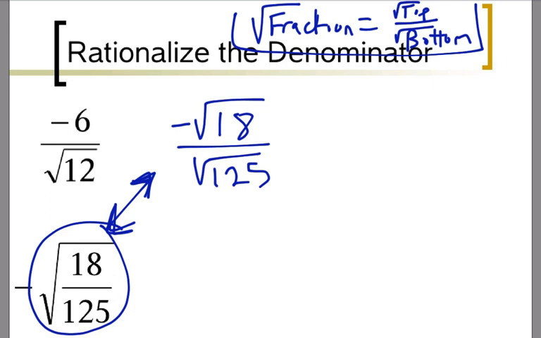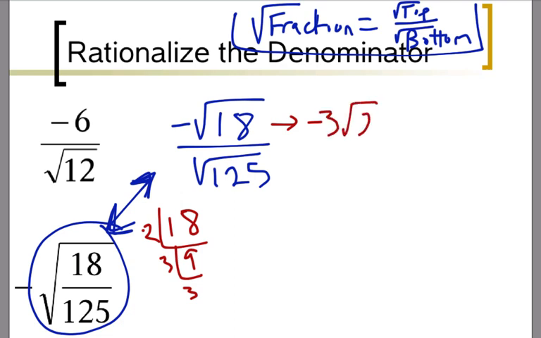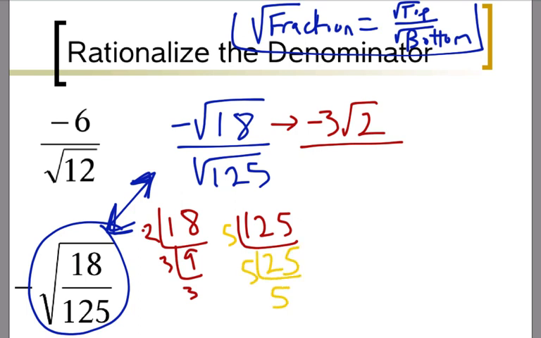So I want to hockey stick my 18, and that's going to give me 2 and 9, 3 and 3. In other words, the 18 is going to turn into negative 3 square root of 2. The bottom, the 125, hockey stick that, and that's going to turn into 5 times 25, and then 5 and 5 again, which means that that's going to turn into 5 root 5.